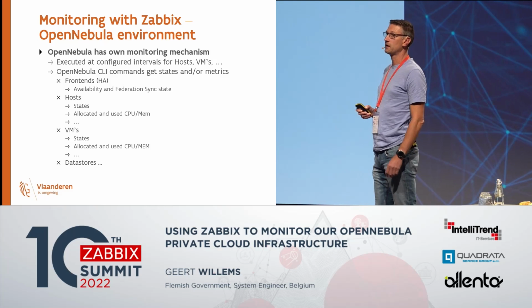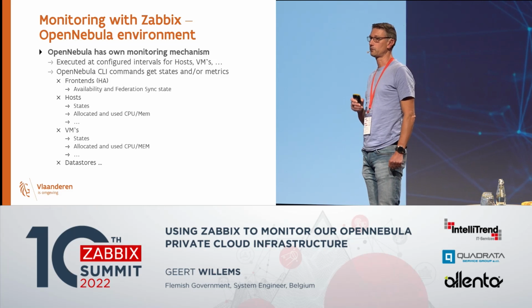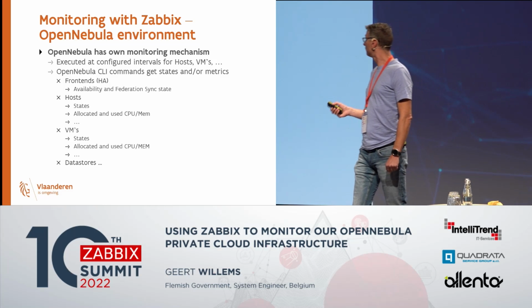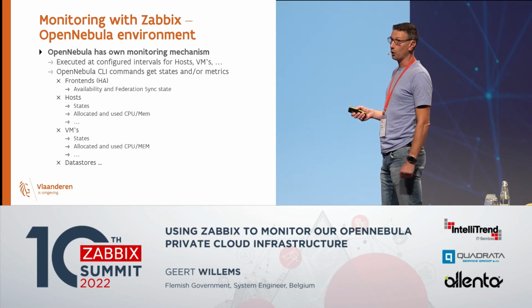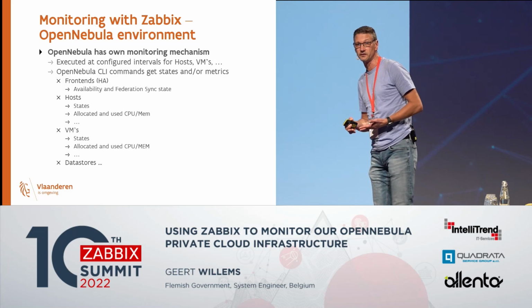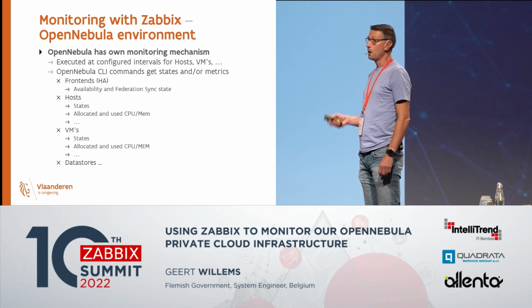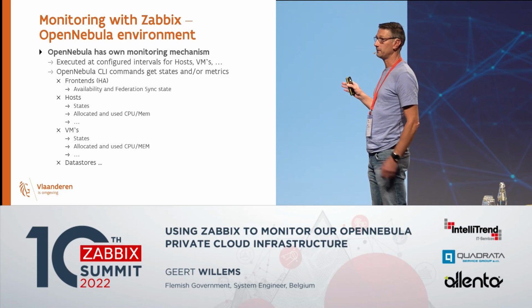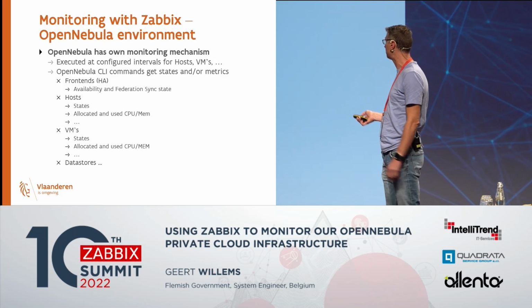With OpenNebula CLI commands, we can get the states and metrics for this monitoring, like the availability and federation sync state of the frontends, a list of the hosts and virtual machines with their state, how much allocated memory and CPU they have, and a lot more information, the data stores. And it's also possible to ask for the details of one specific host, virtual machine, or data store by name.